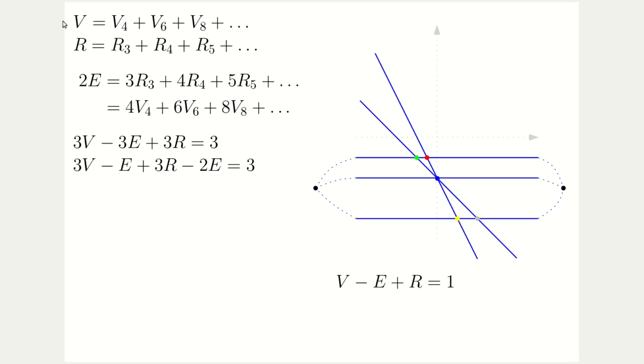The number of regions can also be written as the number of regions where there are 3 surrounding edges, the number of regions where there are 4 surrounding edges, and the number of regions where there are 5 surrounding edges, and so on. The number of edges can be counted in two different ways. A region with 3 surrounding edges counts 3 edges, a region with 4 surrounding edges counts 4 edges, and so on.